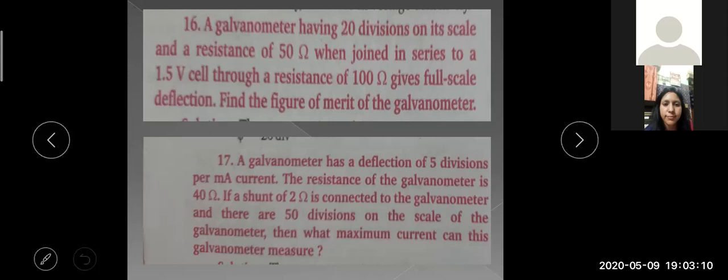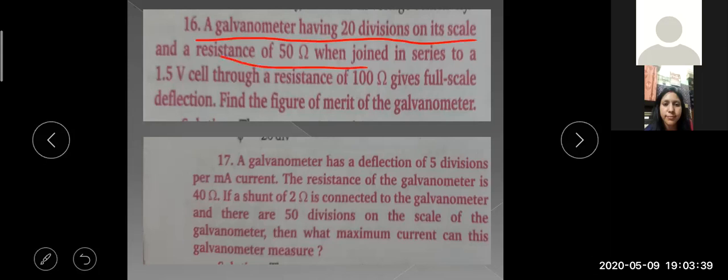Figure of merit is the inverse of current sensitivity, that is, current per unit deflection. Current sensitivity is deflection per unit current, and figure of merit is current per unit deflection. So in this question we have to find the current per unit deflection.